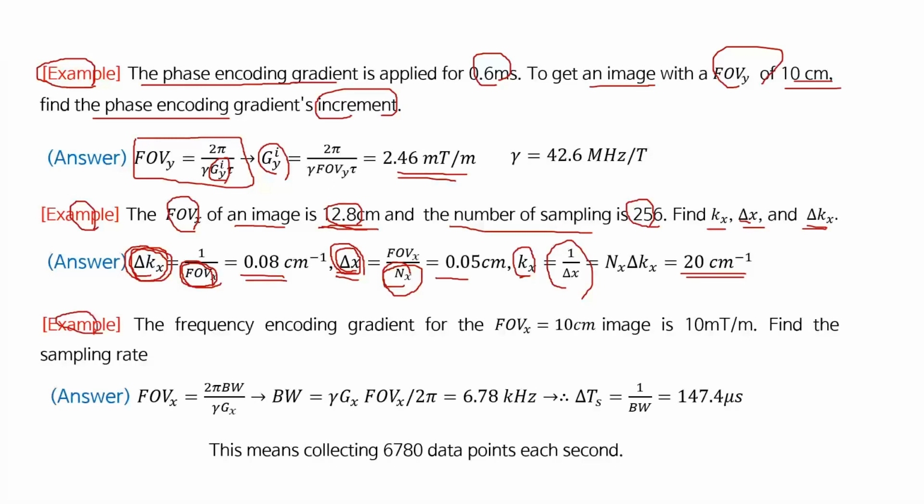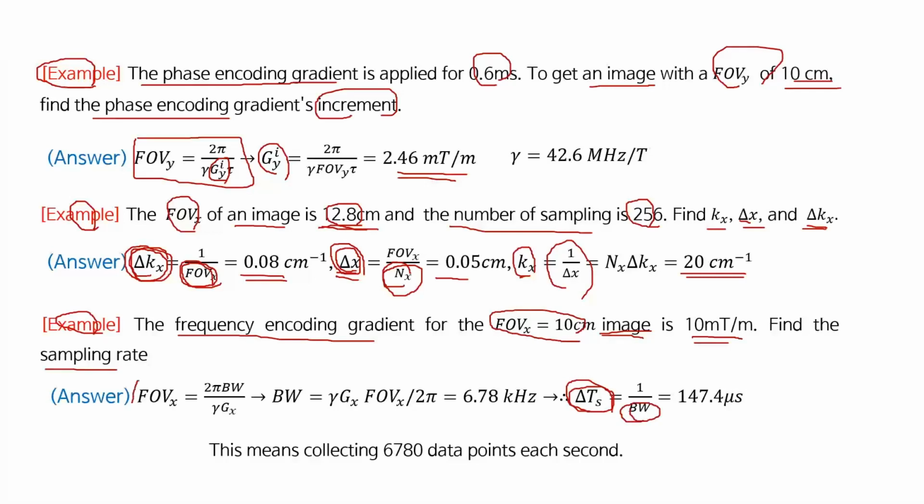Next example. The frequency encoding gradient for a FOVx equal to 10 cm image is 10 millitesla per meter. Find the sampling rate, to find delta Ts. Delta Ts is the inverse of bandwidth, right?